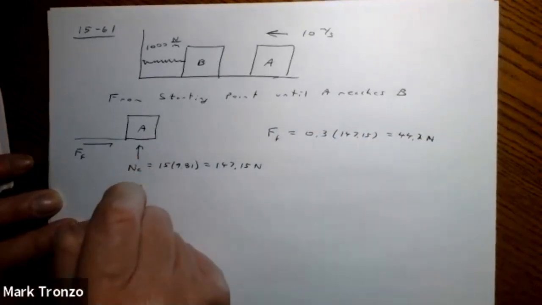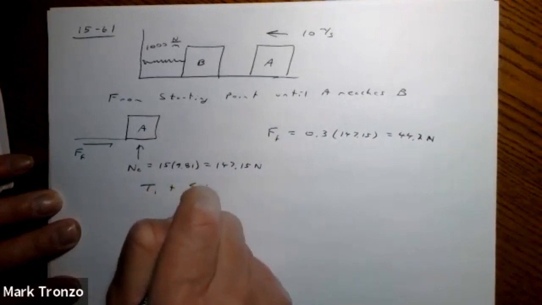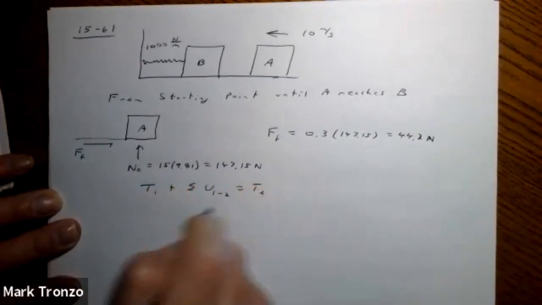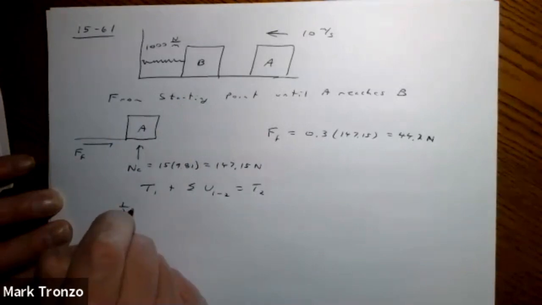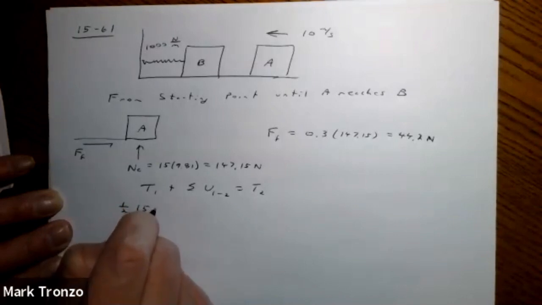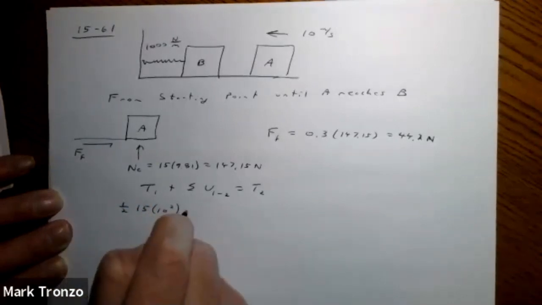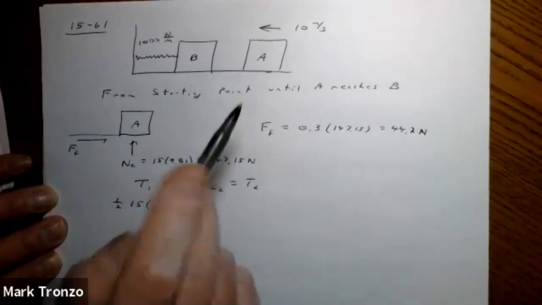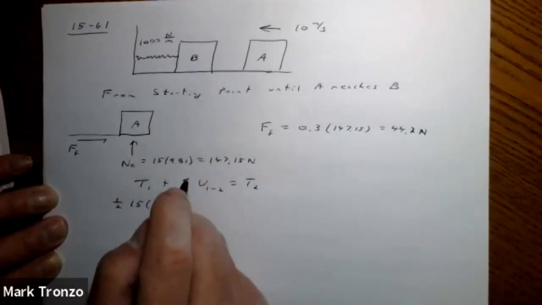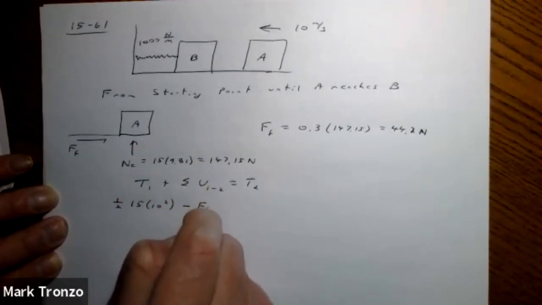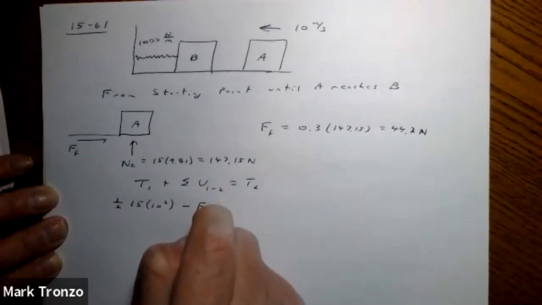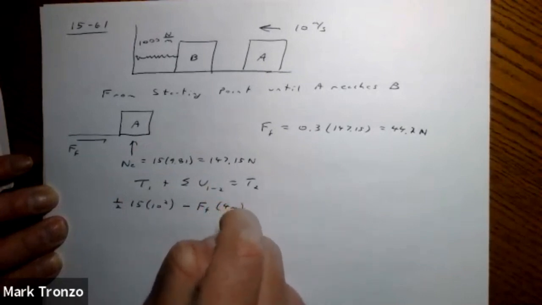And then we could just use work energy, T1 plus the sum of U1 to 2 is T2. The original kinetic energy is 1/2 times our block mass of 15 times 10 meters per second squared. And the only work being done when it goes from A to B is going to be our friction work. That's going to be negative our friction force times our distance, which was 4 meters.